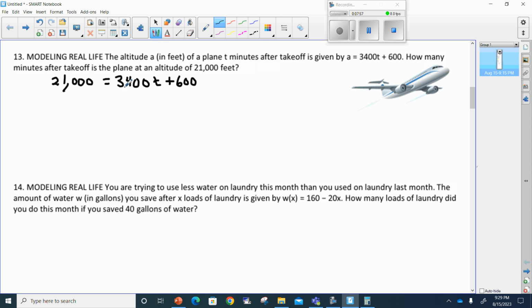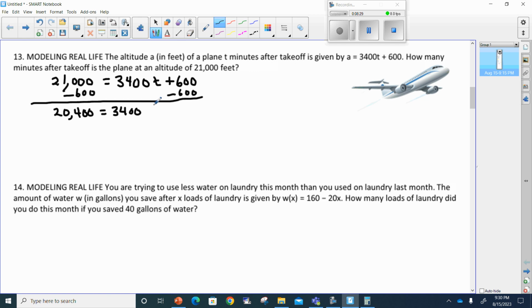All right, now we solve it. I'm going to combine my like terms. These are numbers, so I can combine them. I'll subtract 600 from both sides. This is going to give me 20,400 equals 3,400T.